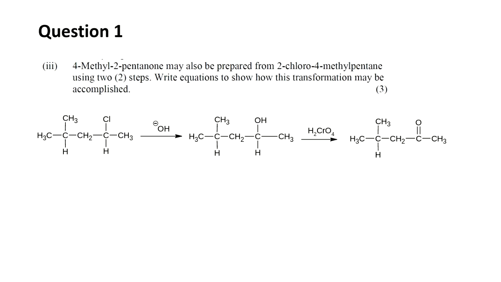So we are starting out with 2-chloro-4-methylpentane. The first thing that we would do is convert the alkyl halide to an alcohol. What kind of reaction is occurring in step 1?